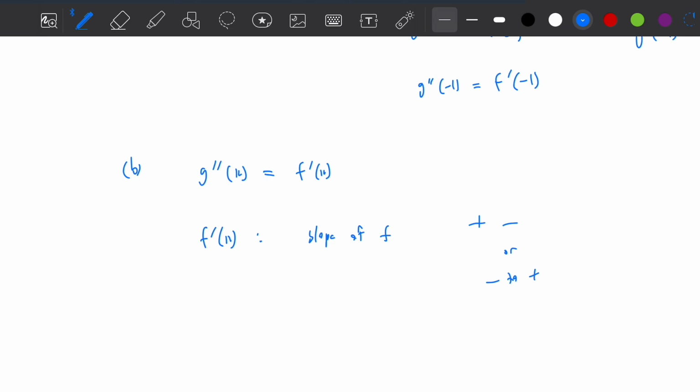Another way to think about this is that the points of inflection of g occur where g'(x) changes from increasing to decreasing, or vice versa, since g'(x) equals f(x). So we're looking for where the graph of f changes from increasing to decreasing or decreasing to increasing.